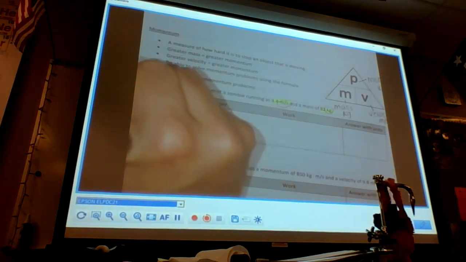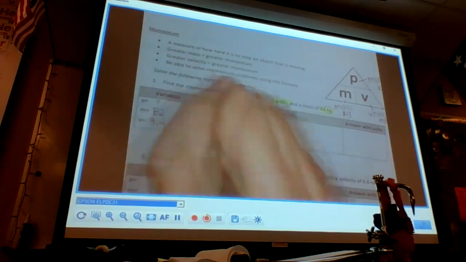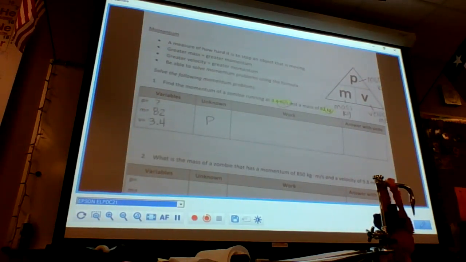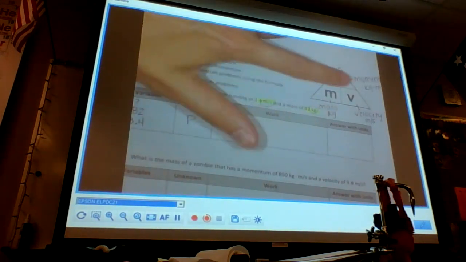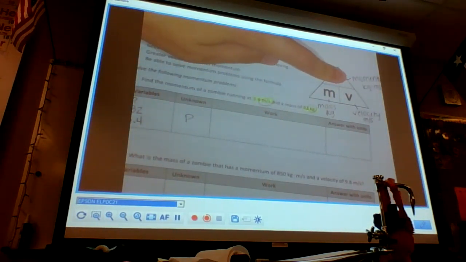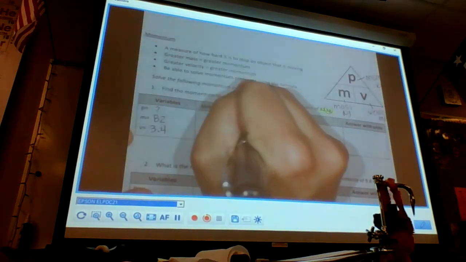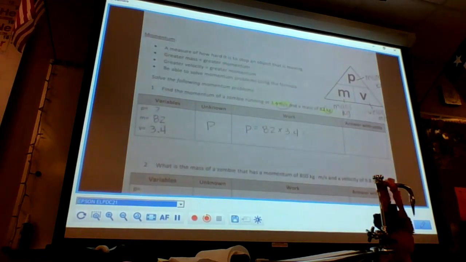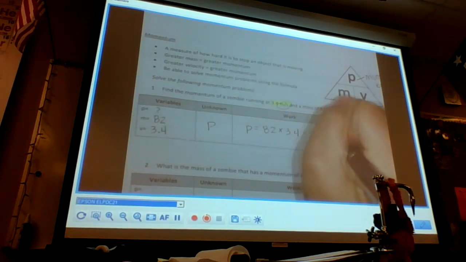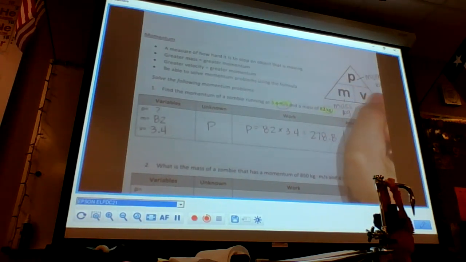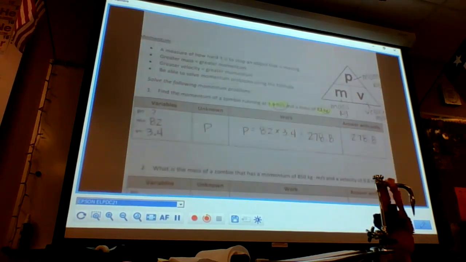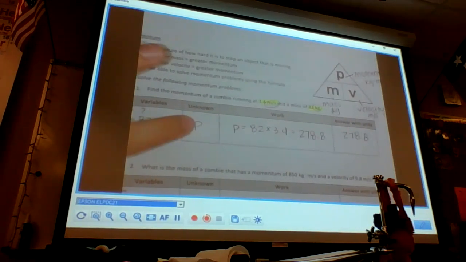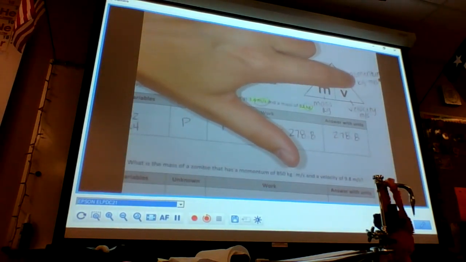Mass. So that means I'm looking for P. I cover it up in my triangle. What do I do with M and V? Multiply, because they're beside each other. Okay? So P equals 82 times 3.4. I'm looking for momentum, known as P, so I'm going to use this unit up here, kilograms times meters per second.